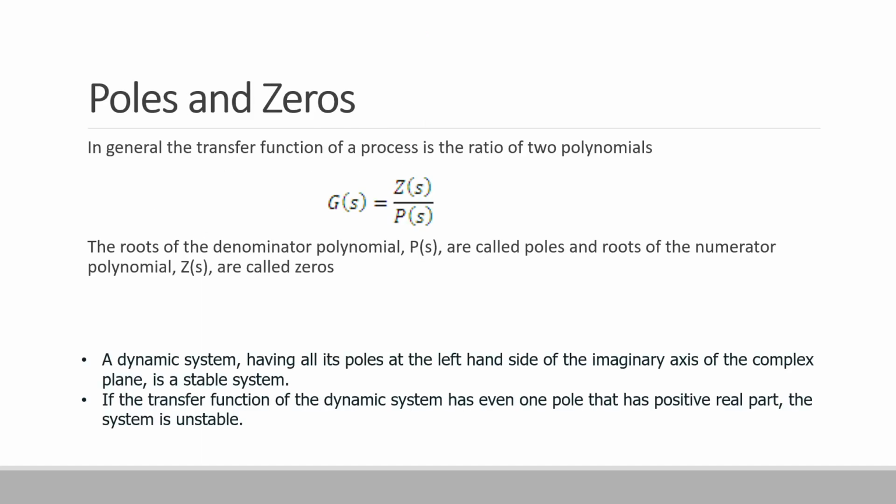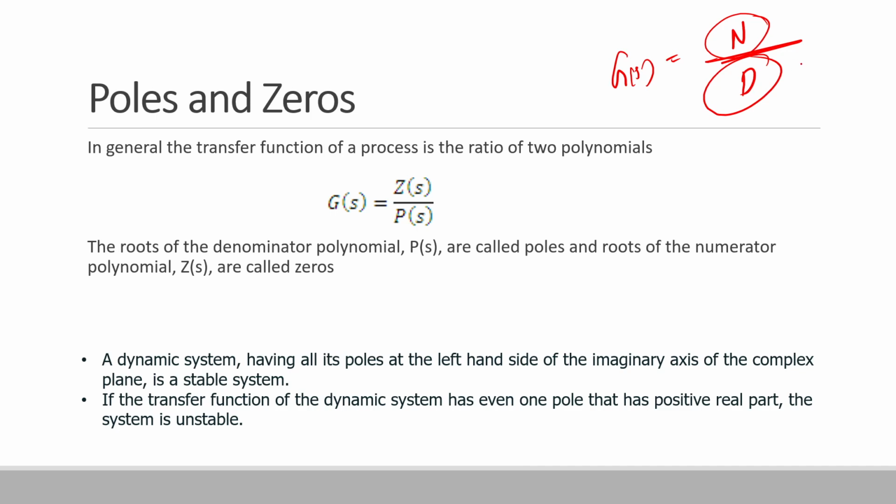So how do we define poles and zeros? If we write the transfer function as numerator upon denominator, then the roots of the numerator are called the zeros of the system, whereas the roots of the denominator are called the poles of the system.